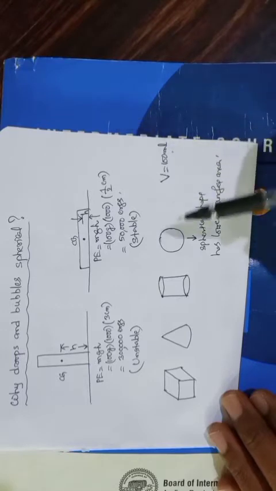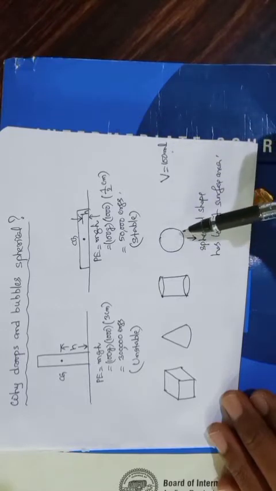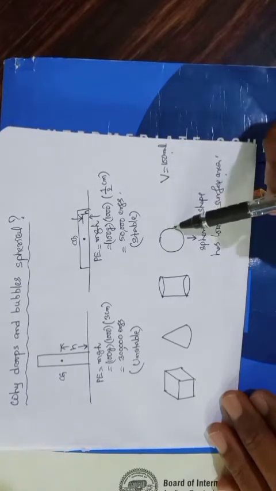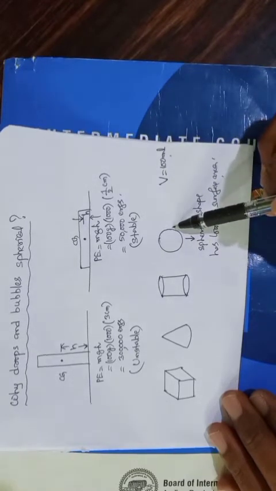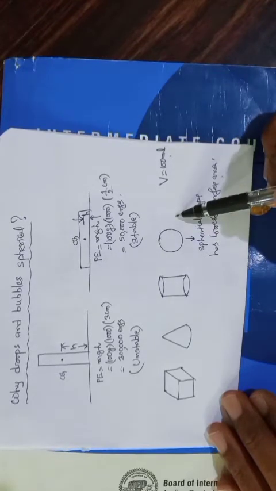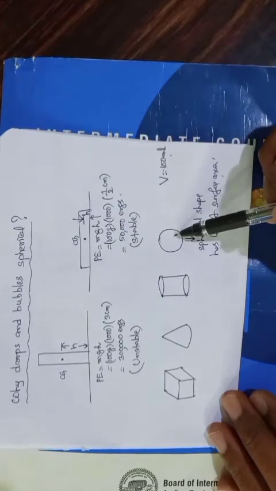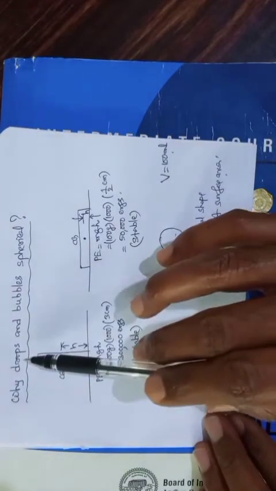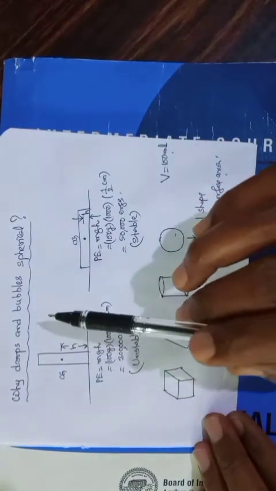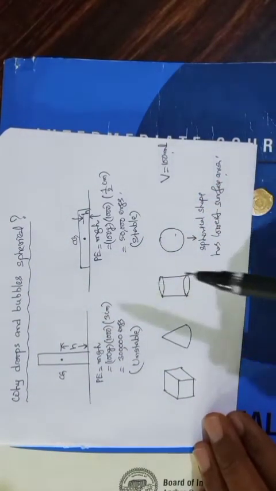So this shape has lowest surface area, lowest number of surface molecules, and lowest potential energy, so that this can be more stable. That's why whether they are liquid drops or soap bubbles, they want to assume spherical shape.